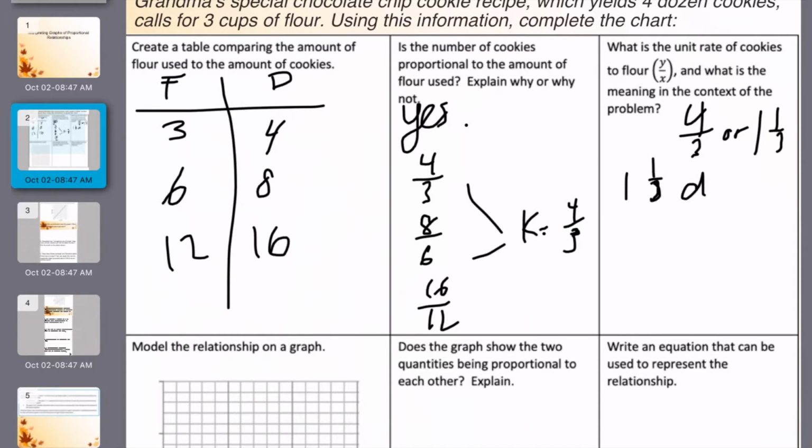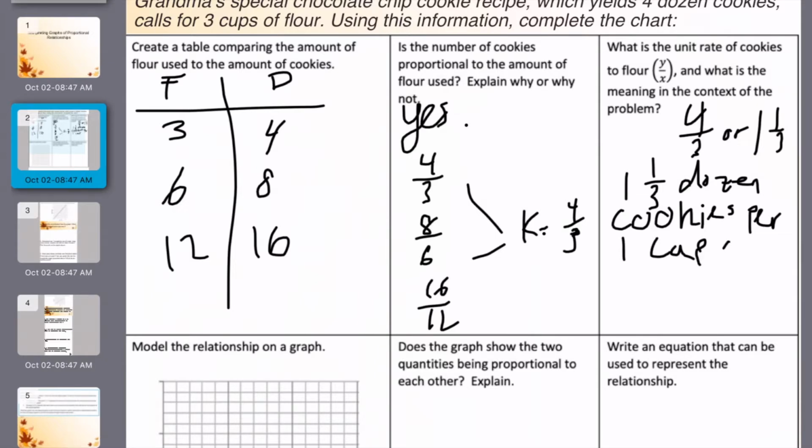That really doesn't look like a 3 in my denominator. Let's fix that. 1 1/3 dozen cookies per 1 cup of flour.